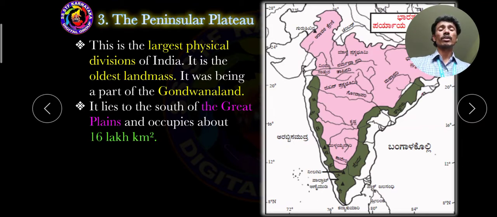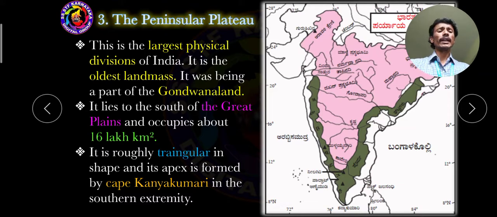We already know that the Northern Great Plains are in the north, and the Peninsular Plateau is located to the south. Overall it occupies 16 lakh square kilometers and looks like a triangular shape, formed by the Cape of Kanyakumari at the southern extremity.